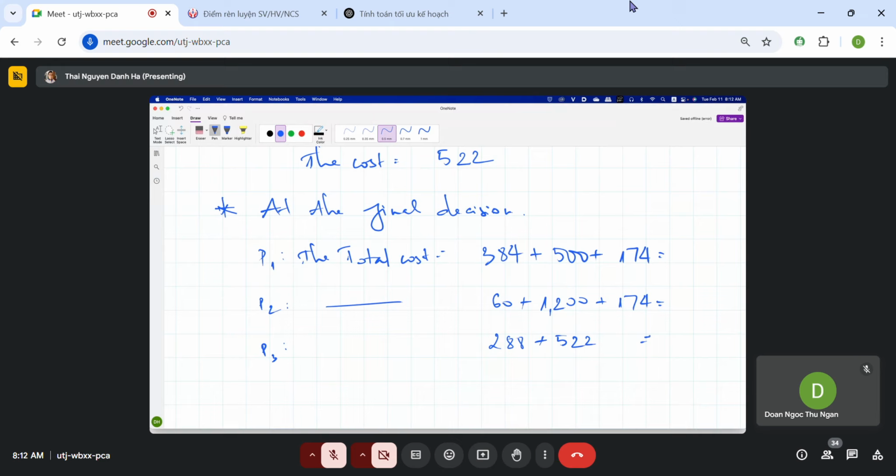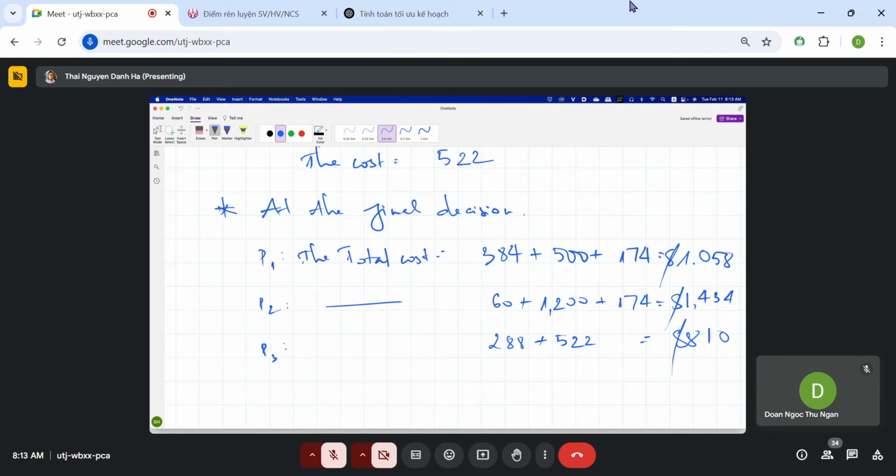So how much does Jason McCoy need to pay based on plan number one? 384 plus 500 plus 174, and totally she needs to pay 1,058 US dollar. The next one, city plus 174, 1,434, and the final, 288 plus 522, just 810.